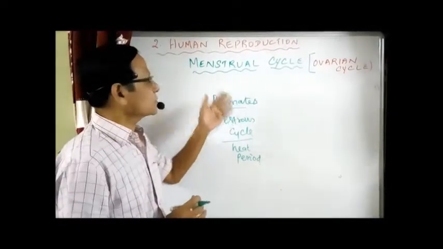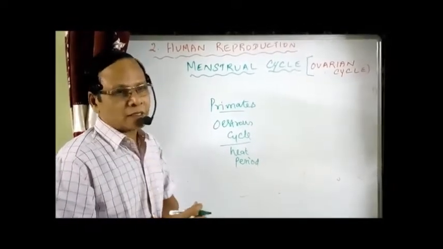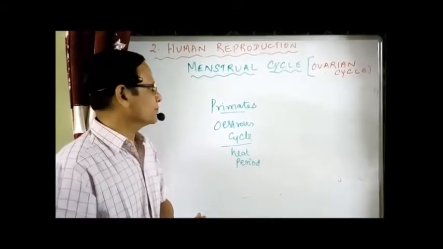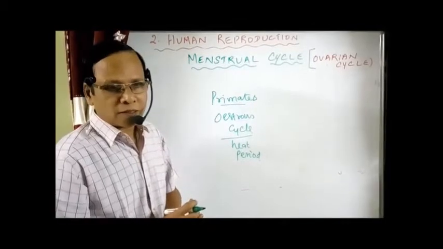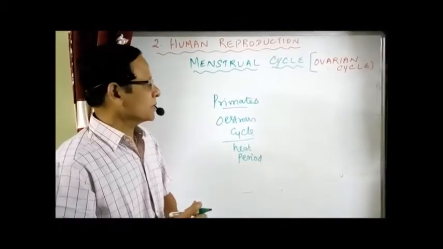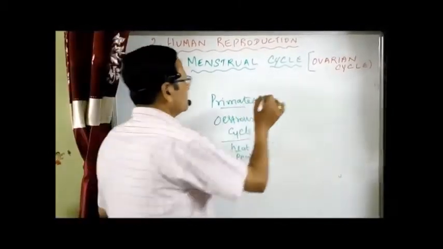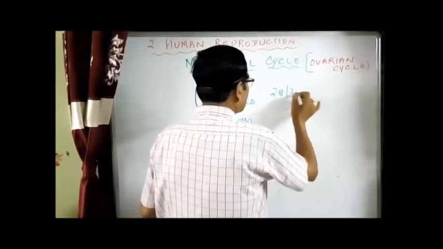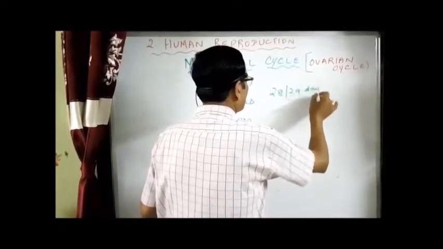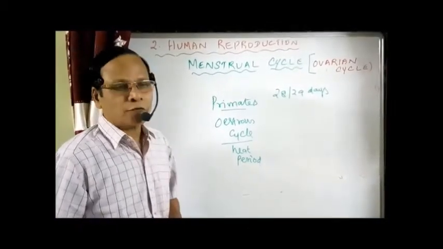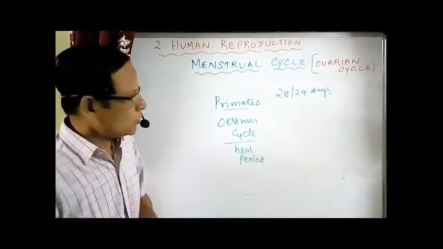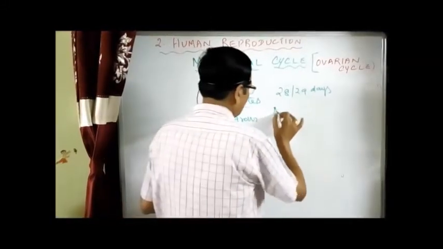But in the menstrual cycle, we have recurrent events happening once in a month. The menstrual cycle or ovarian cycle occurs approximately every 28 to 29 days, during the reproductive life of the female.